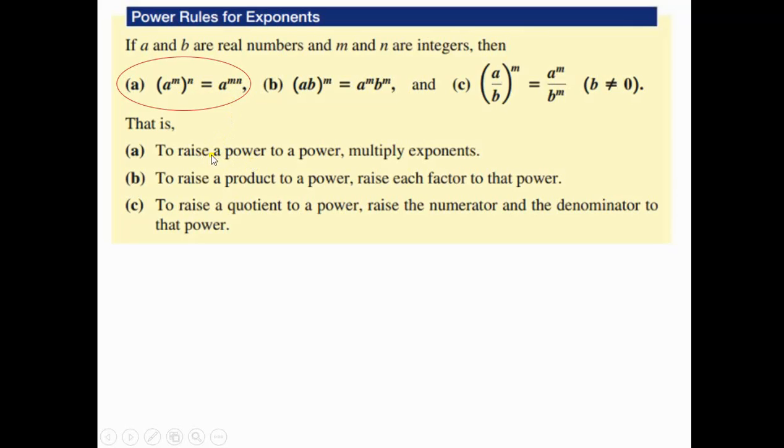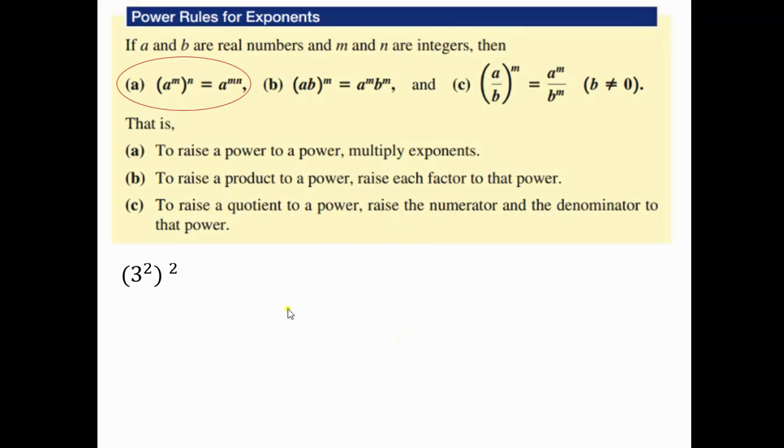So in other words, when you raise a power to a power, what you do is multiply exponents, okay? Again, this is not necessarily a proof, but I think the best way to explain this is to actually use some numbers that we're familiar with. All right, so let's consider 3 squared, the quantity 3 squared to the power of 2. And we'll look at this in a couple of ways here.